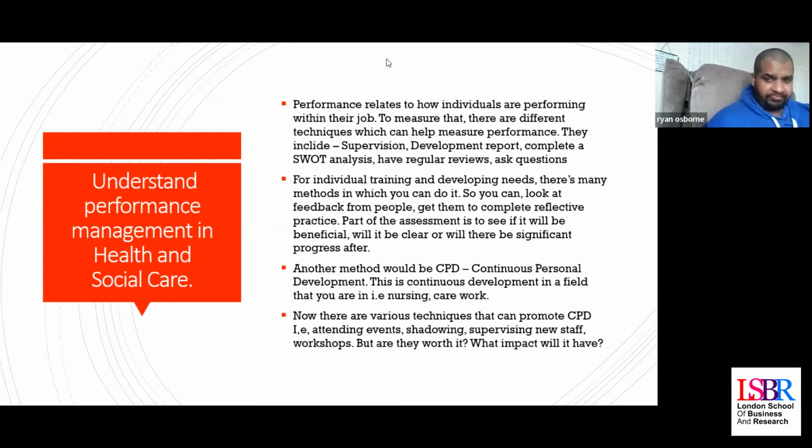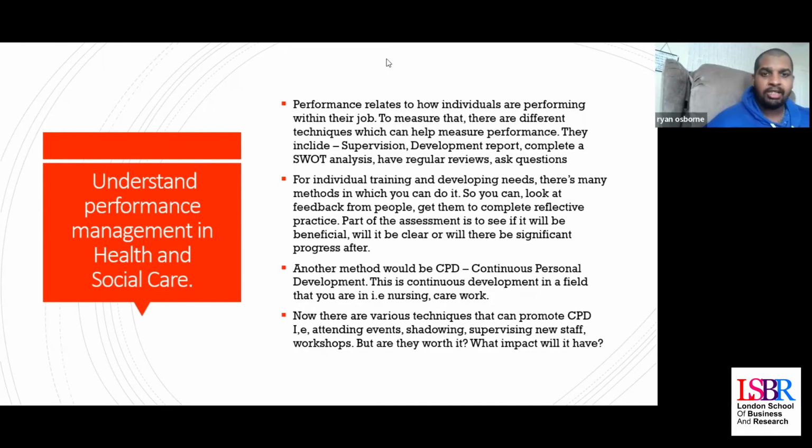The next bit is to complete a SWOT analysis. This is what we said about: strengths, weaknesses, opportunities, and threats. Within SWOT in performance management, strengths are what you are good at.